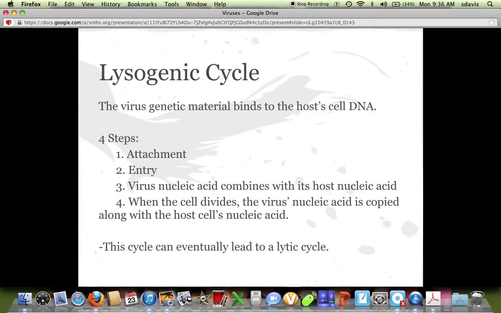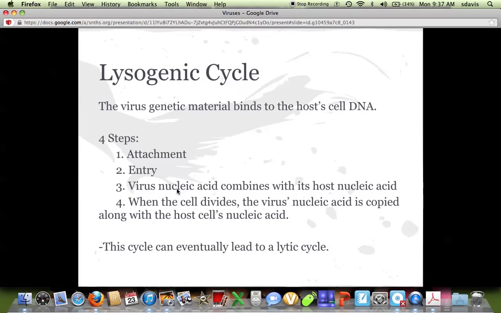So the second viral replication cycle, as mentioned earlier, is the lysogenic cycle. And here, this is where the viral DNA, or RNA in some cases, so it's genetic material, binds to the host cell DNA. And there are 4 steps in this process: attachment, entry, and the stage where the virus combines with the host nucleic acid.